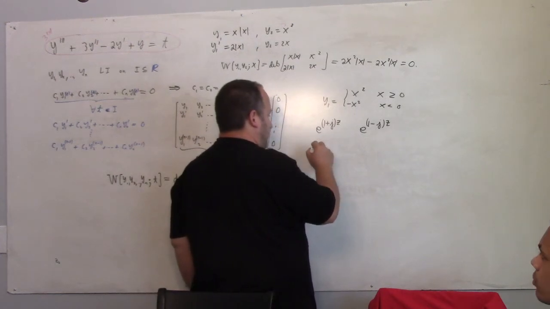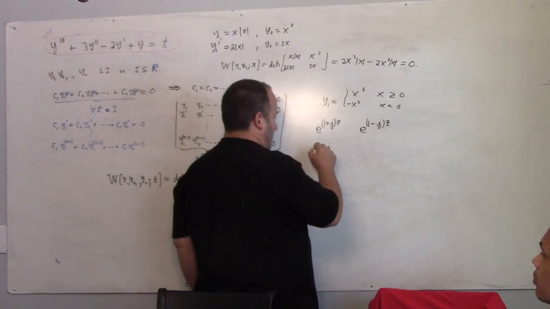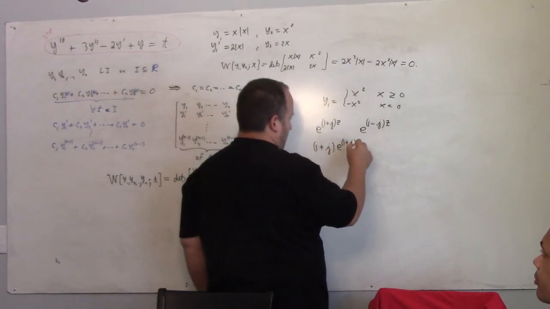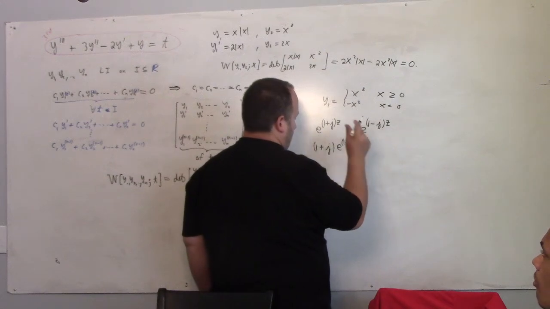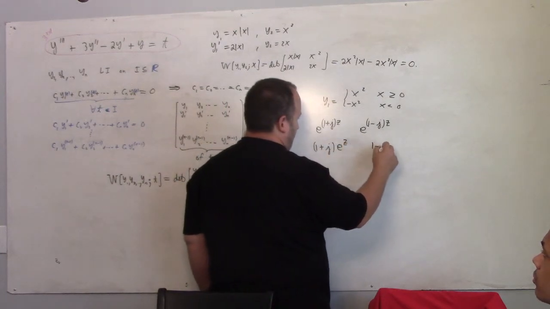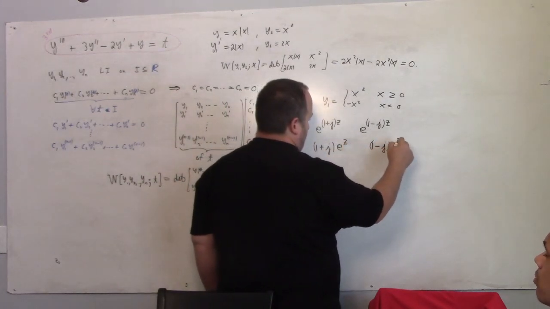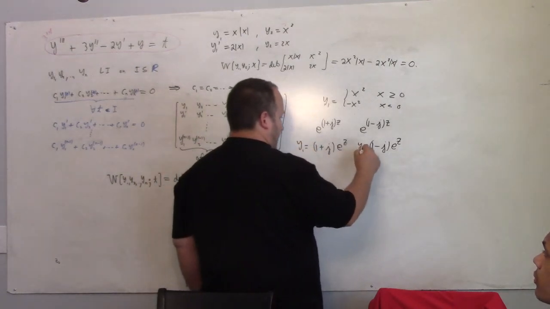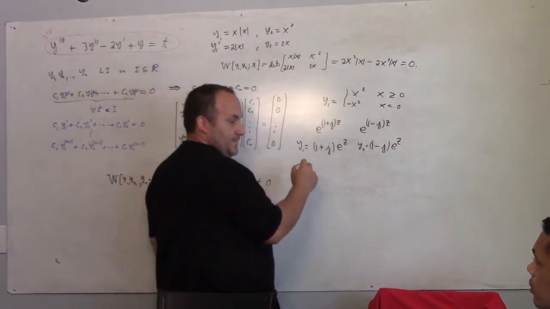Well, certainly if I do 1 plus j times e to the z, I'll just keep it simpler, and 1 minus j times e to the z. That'd be my y1, and that'd be my y2. Differentiate.